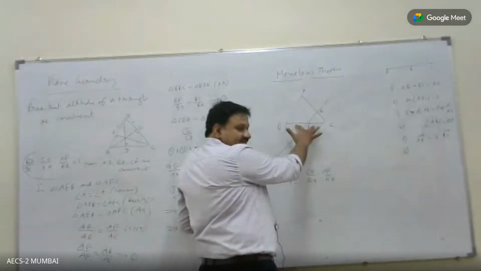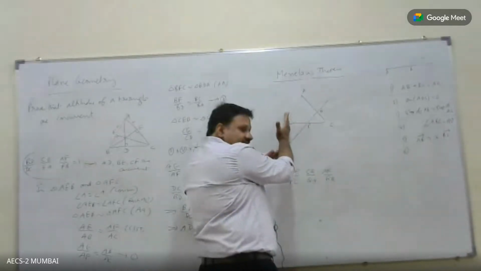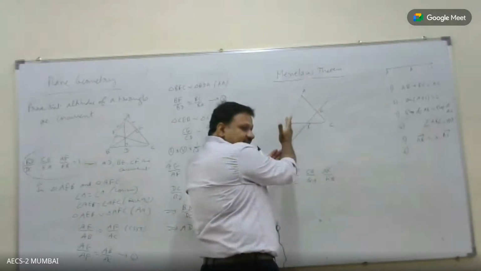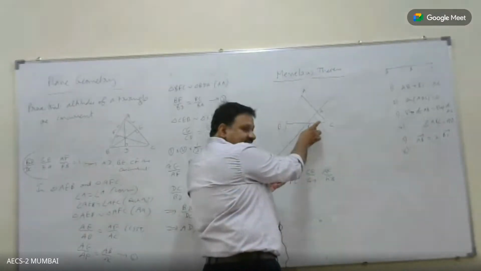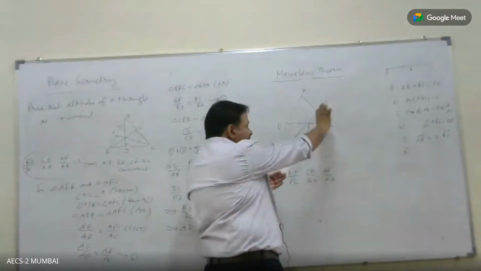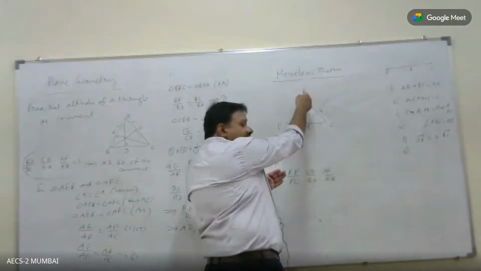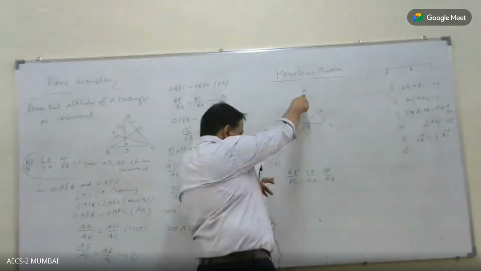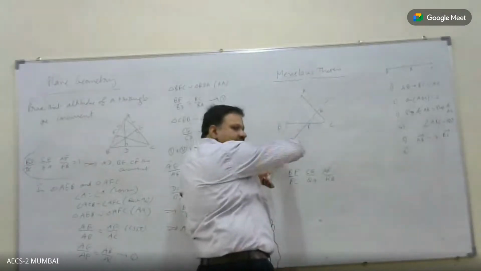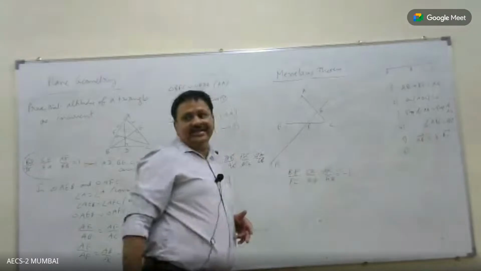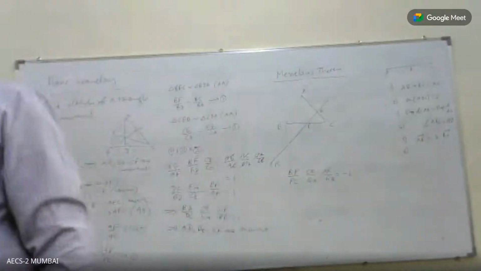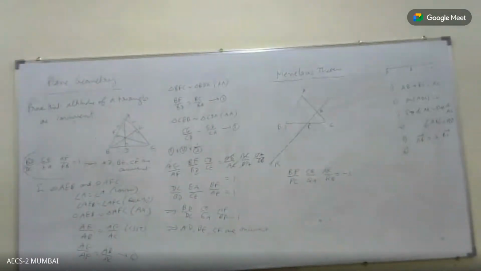I'm starting with vertex P. BC is cut by P, so BP by PC. Then vertex C, CQ by QA. Then vertex A. Where is the cut? Here. AR by RB. This product is equal to -1. This is known as Menelaus theorem.